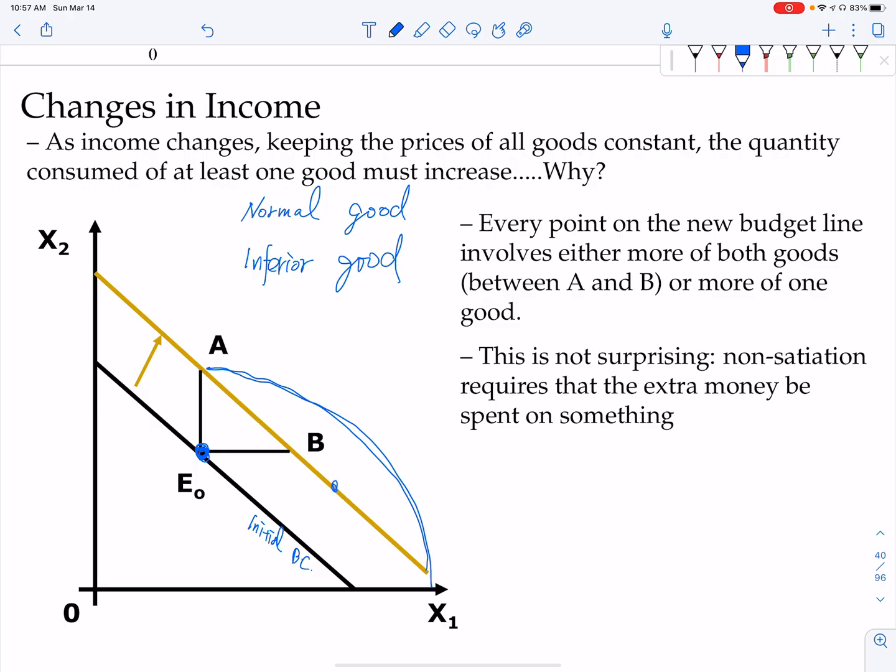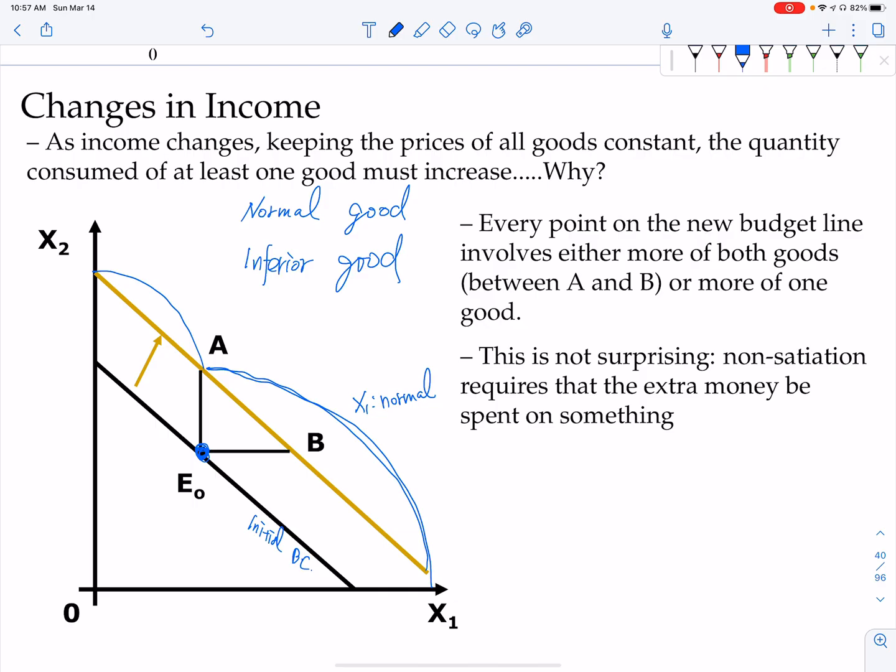So if you think of this point, you can see that the consumption has gone up. So in this region, X1 is a normal good, okay?